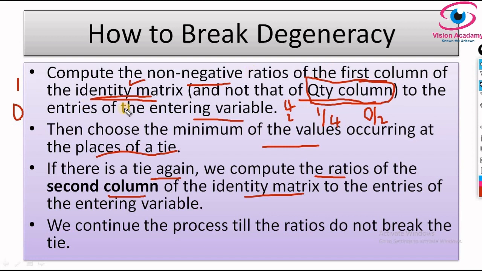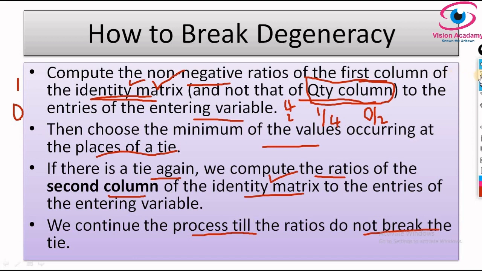Firstly, we considered the first column of the identity matrix and there also we faced a tie, so now we consider the second column of the identity matrix. We continue this procedure until the ratio breaks the tie. This is how to break the degeneracy type of problem.